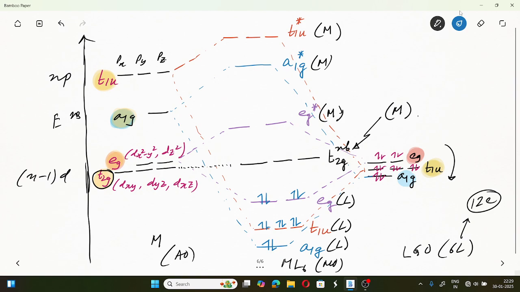So these 12 electrons are donated from the ligand side. So this is basically formation of 6 bonds, the ligands are donating electron pairs, sigma donation basically.